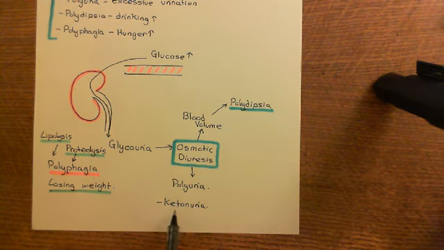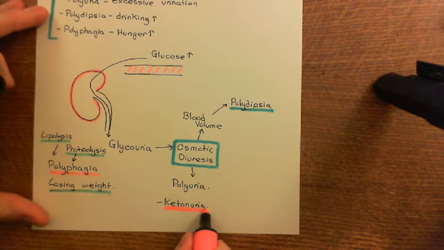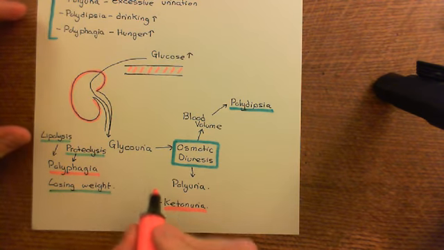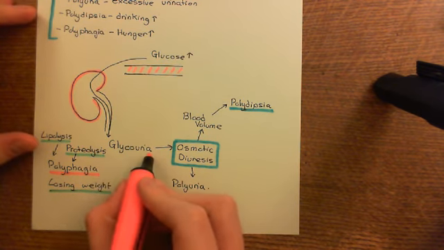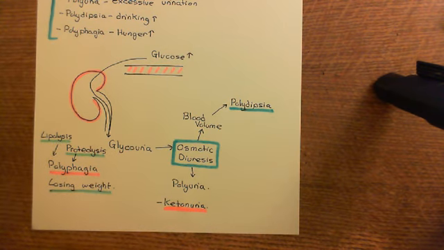And these ketone bodies can also be excreted in the urine when their concentration gets too high, and that is another symptom of diabetes, that you have ketones within your urine as well as glucose within your urine. So often when they do tests for diabetes, they will look for glucose within the urine and also ketones within the urine, which can be indicators of the disease.